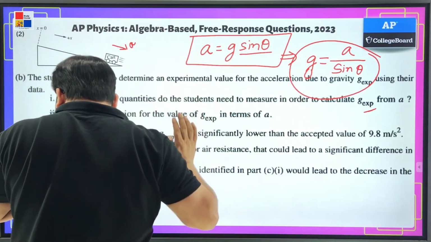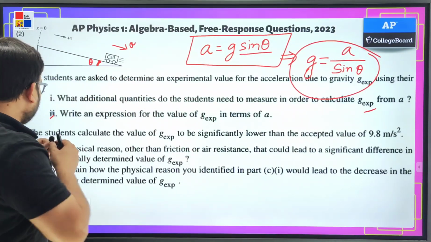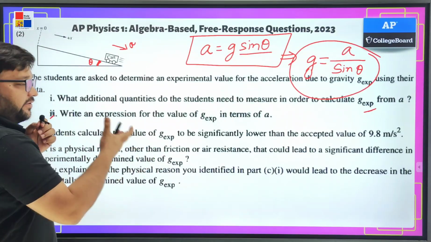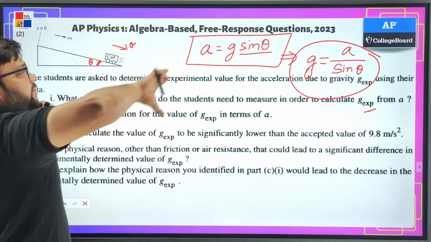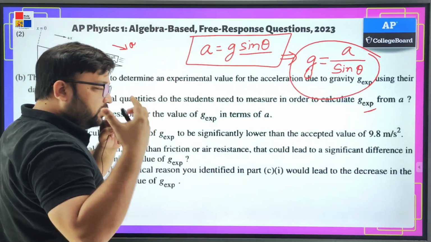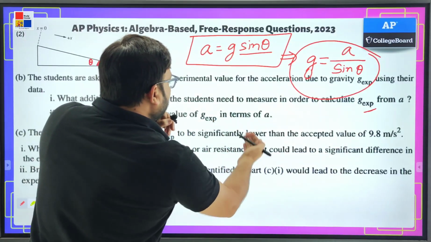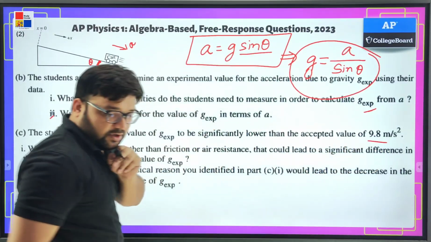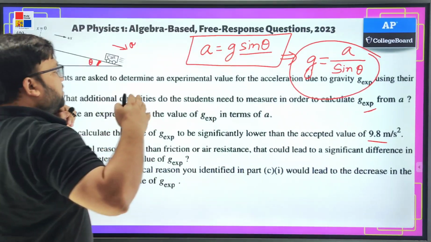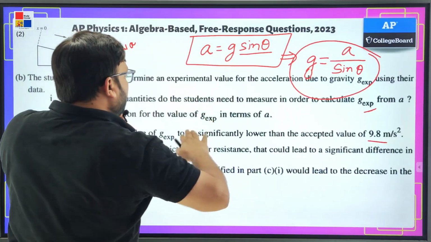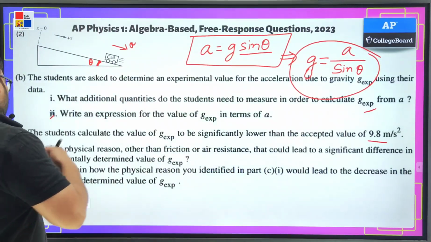Now coming to the part C, the students calculate the value of g, the experimental value that they are getting by the use of this A that we got in the previous case using the graph, and it is significantly lower than the accepted value 9.8 meter per second square, right? The value that the student is calculating is much lower than what is expected.